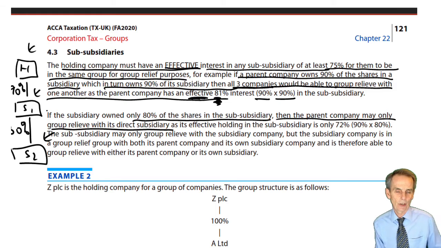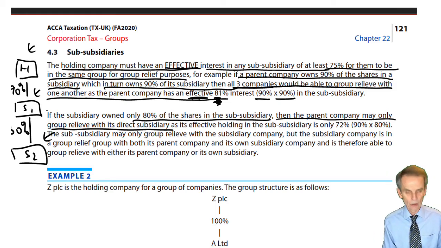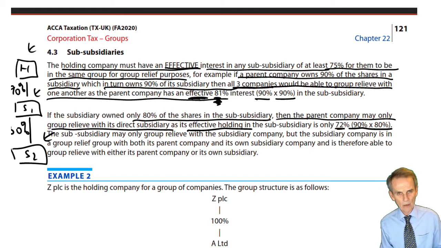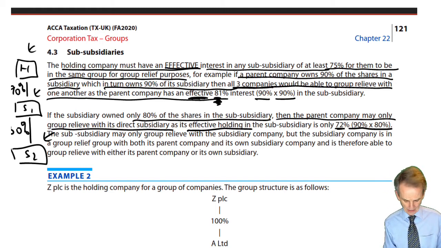H cannot group relieve with S2 because the effective holding in the indirect sub, 90% of 80%, is only 72%. So the parent company could only relieve with its own direct subsidiary, S1.